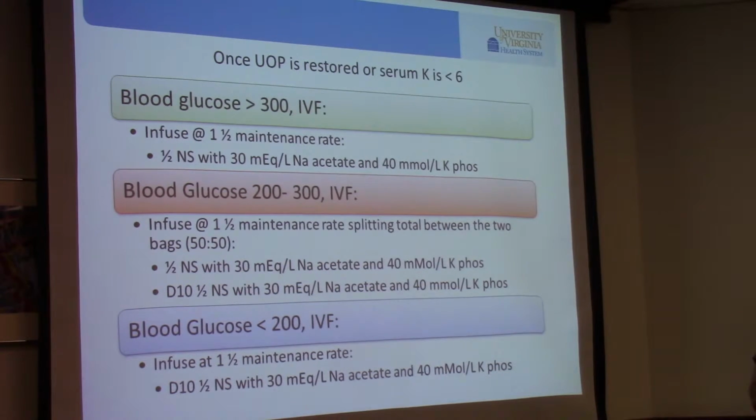But the 2-bag system is because we're using the insulin to correct their acidosis. We're using the fluids with the buffered solutions to help control their blood sugars and their electrolytes, of course, but primarily that. Then, of course, if it gets below 200 is when you do 1.5 maintenance just at the D10 rate.